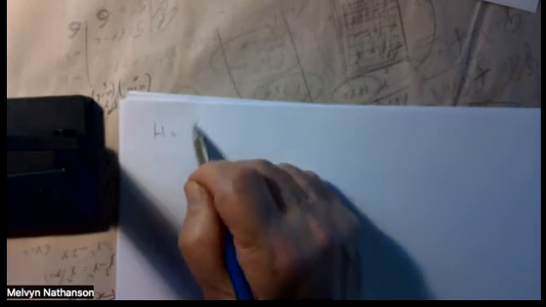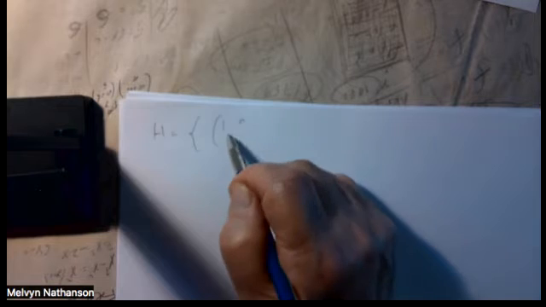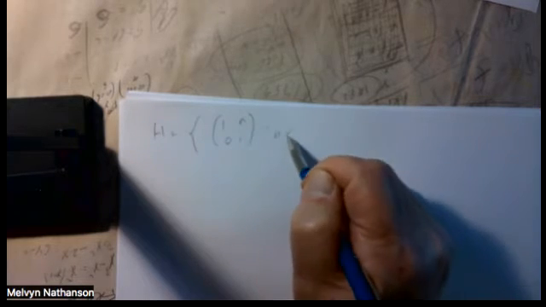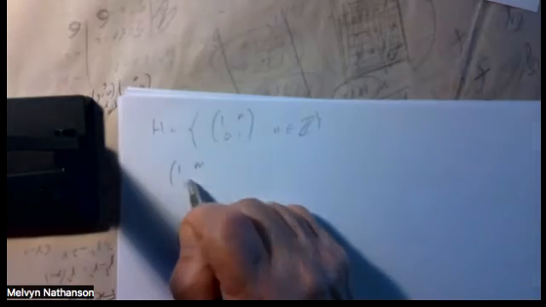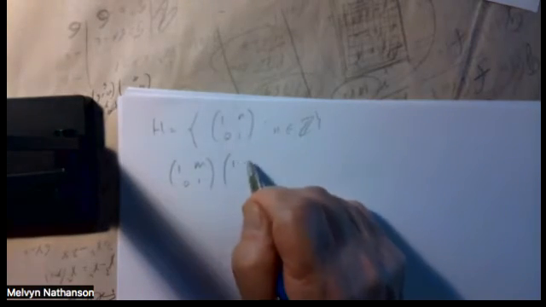So let's look at this set of matrices H in a little bit more detail. Again, H is the set of all matrices (1, n, 0, 1), where n is an integer. What happens if I multiply two such matrices? So suppose I take (1, m, 0, 1) and (1, n, 0, 1).